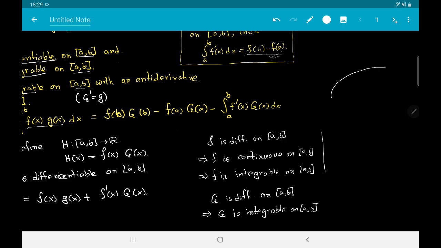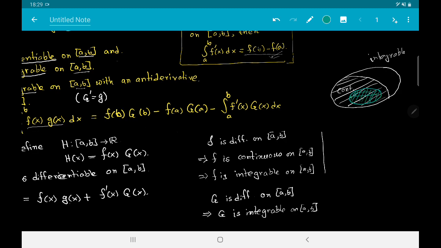So if this is the class of all integrable functions, and here we know that any continuous function is integrable, so if this is the set of all continuous functions, the class of all differentiable functions, let me put this in a different color, is a much smaller thing than this.